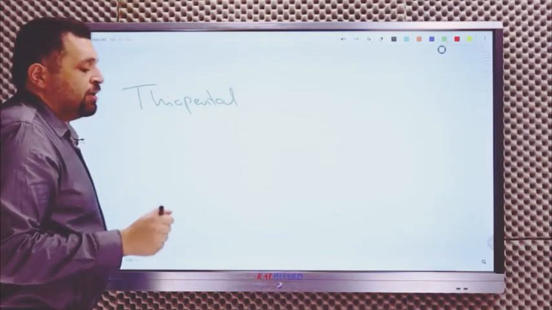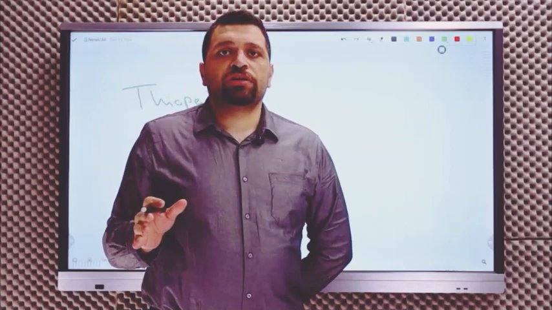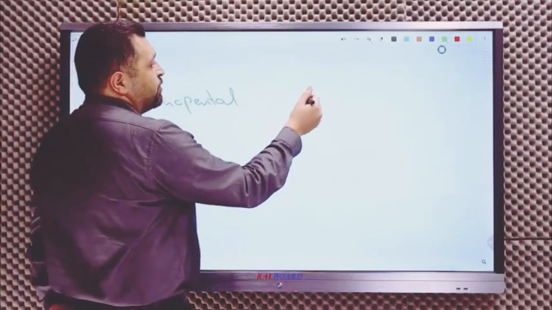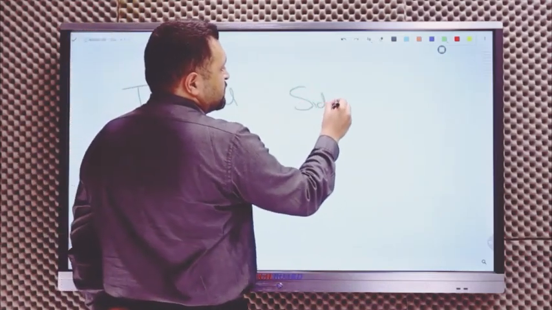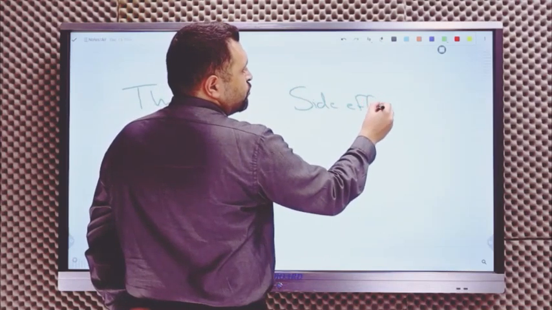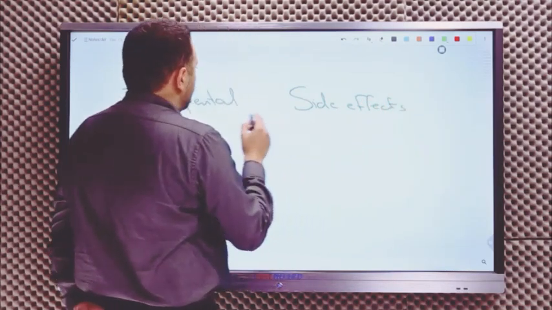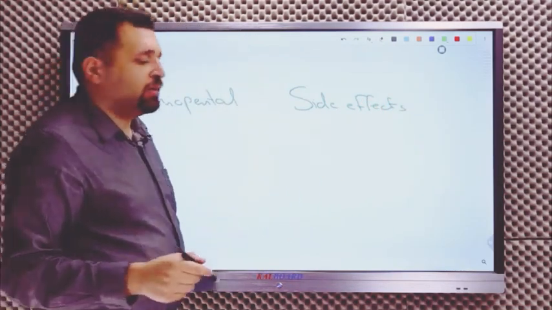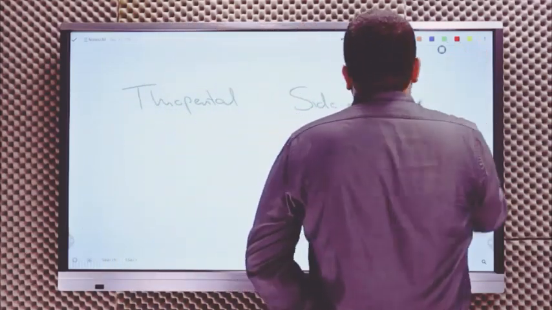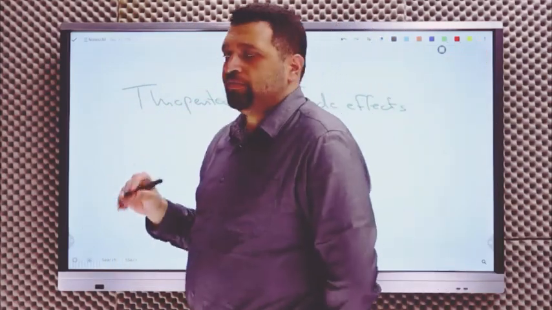Let's go back to thiopental. Each drug in our body has some problems we call side effects that we don't want. The manufacturer wanted thiopental to cause loss of consciousness, but not some bad effects.